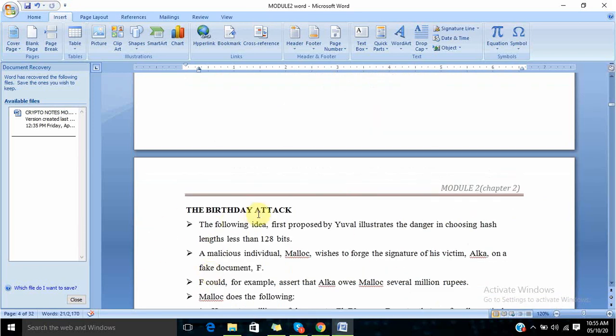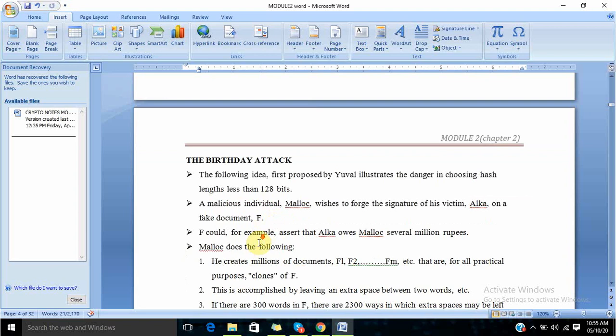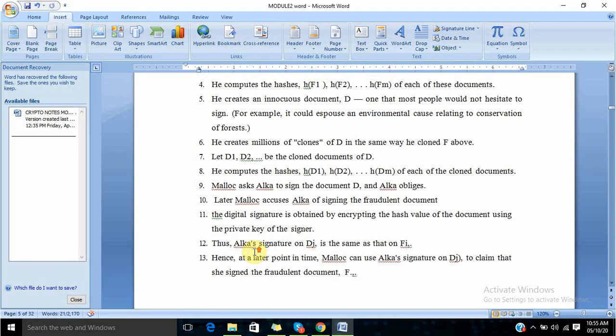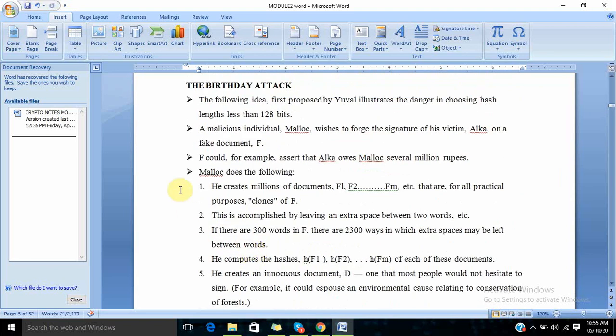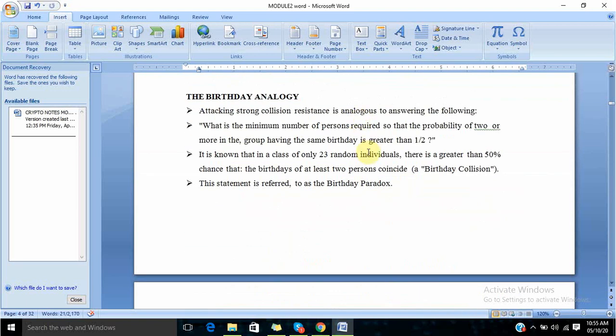Now let us understand what a birthday attack is, with an example, students. The following idea was first proposed by Yuval. He is telling what the danger is in choosing a hash value less than 128 bits. Students, we have understood that in this paradox, even when such a small number of people are there, there is a larger chance of collision. Because of this collision, what problem can occur?